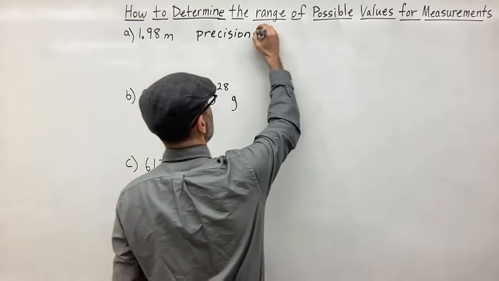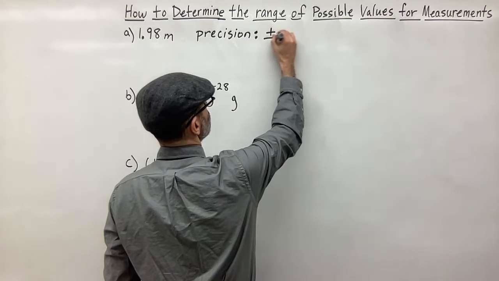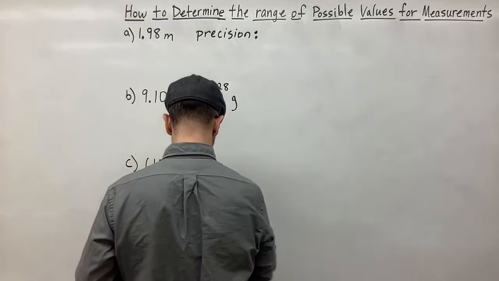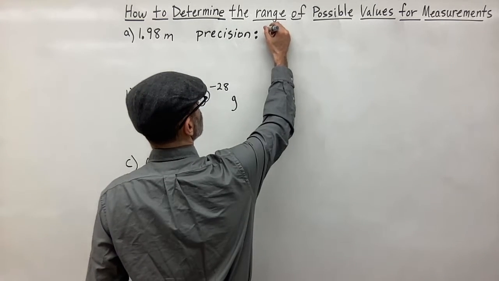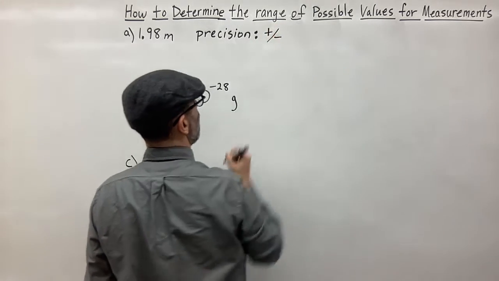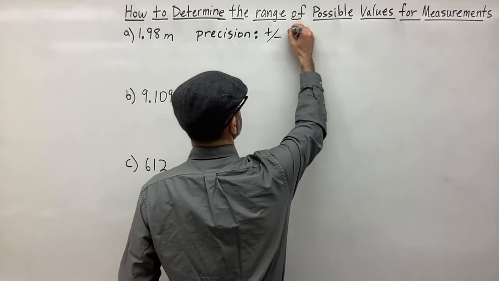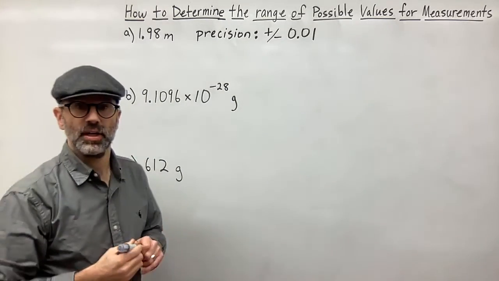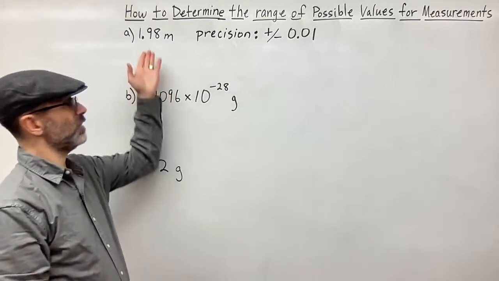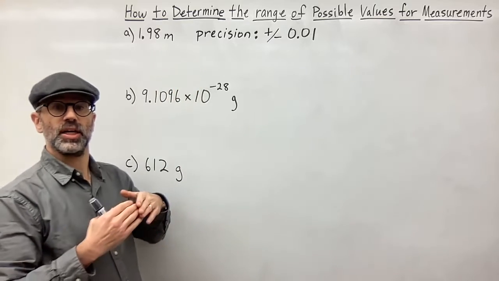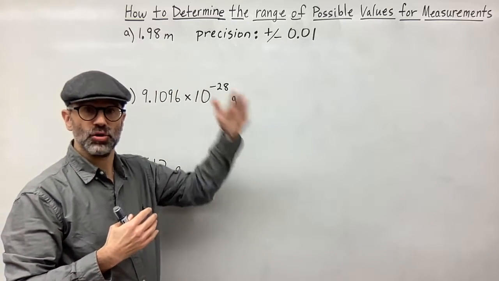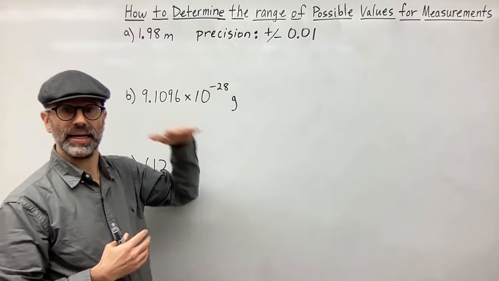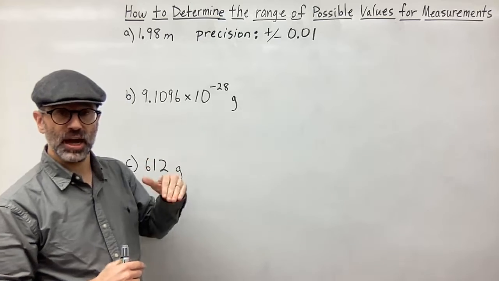So the way we write that is plus or minus 0.01. So that's the precision of this measurement here. It's either going to be plus 0.01 to that measurement, or it's going to be minus 0.01 of that measurement.